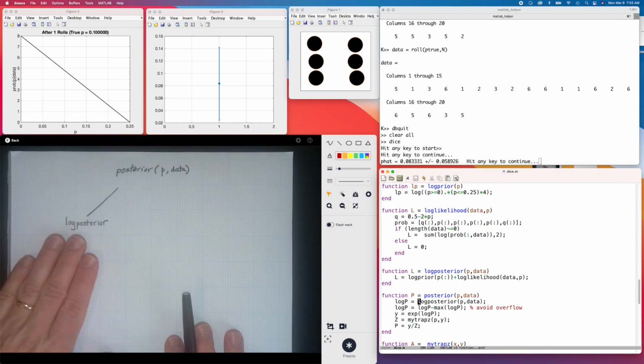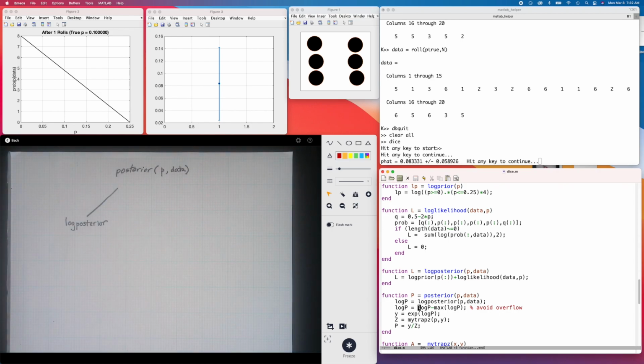We have the logarithm of the posterior PDF as an input, and the first thing we do is subtract the maximum of log p from the logarithm of the posterior, precisely to avoid underflow. If you have a really big data set, the likelihood function, sorry, not the log likelihood, the likelihood, is going to be extremely small because it's considering the probability of a particular sample of dice rolls.